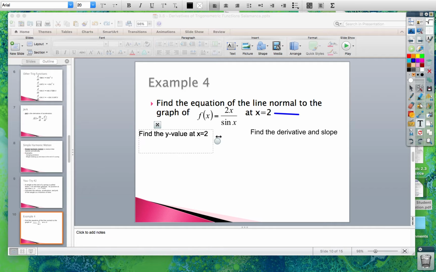So we're going to do these in pieces. First, in order to find the value, we're going to plug the 2 in. So f of 2 equals 2 times 2 divided by sine of 2.